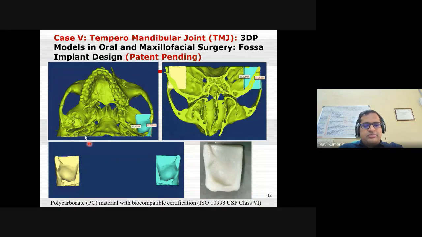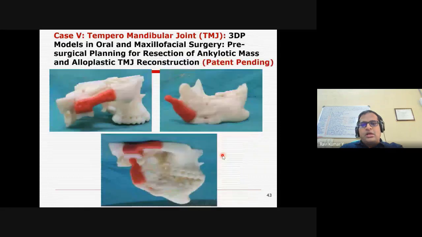For this fossa component also, we took the aid of the surviving portion's dimensions and form, and this is the design of the fossa, which was then printed in a biocompatible material using 3D printing technology.